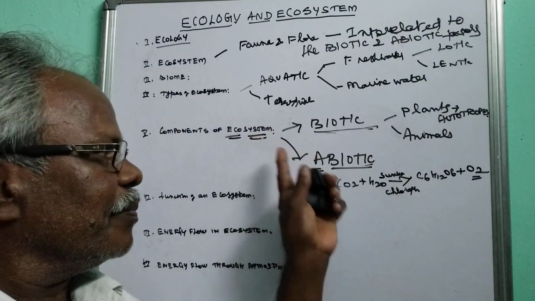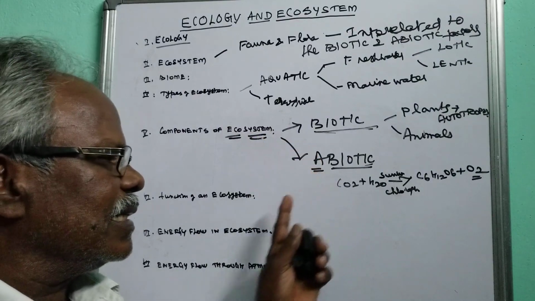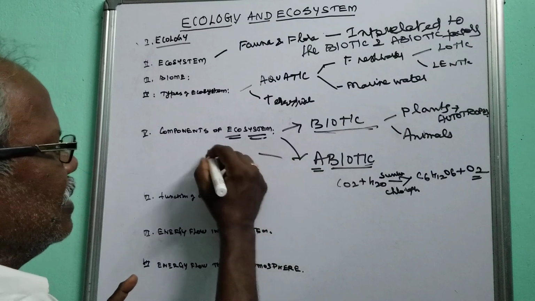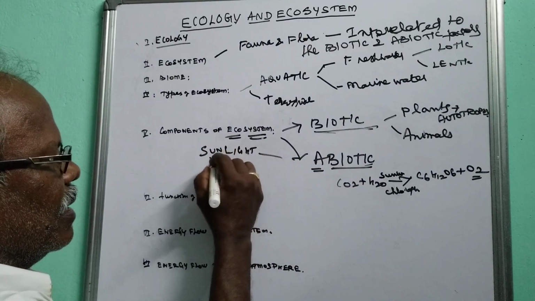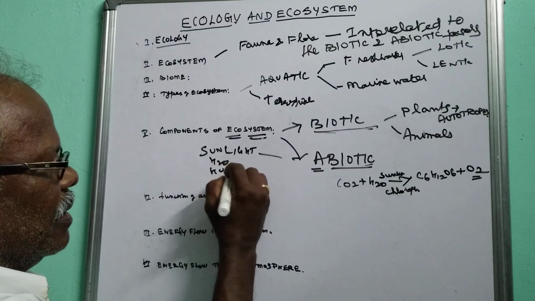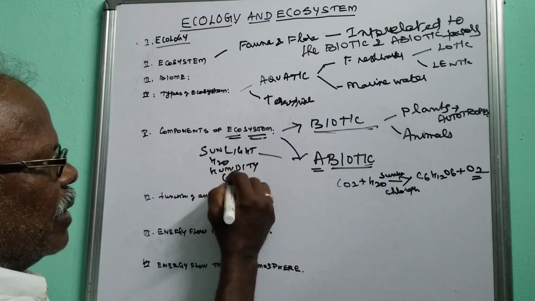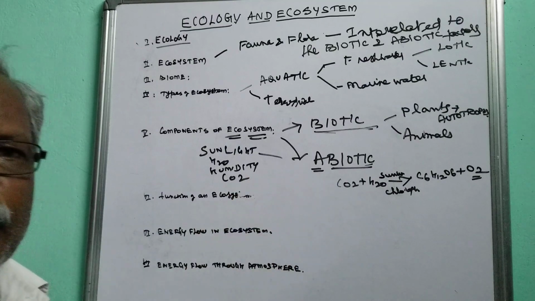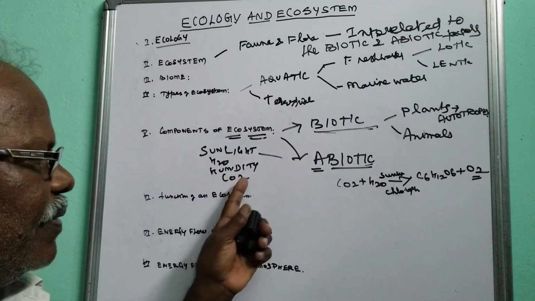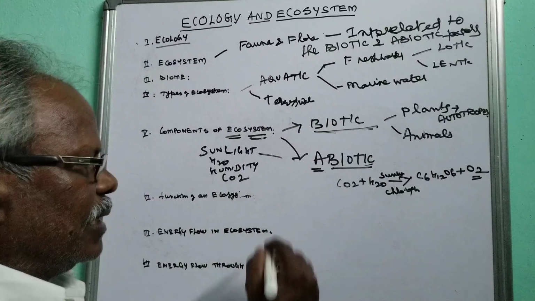And abiotic factors are sunlight, water, humidity, carbon dioxide. These all come under abiotic factors. Decomposers are also considered with these.